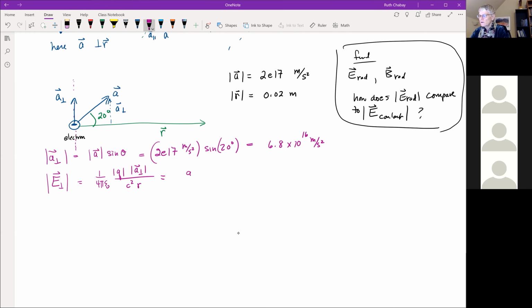So we have 9 times 10 to the 9 newton meters squared per coulomb squared times 1.6 times 10 to the minus 19 coulombs, 6.8 times 10 to the 16 meters per second squared, divided by 3 times 10 to the 8th meters per second quantity squared, times the distance, which is 0.02 meters.